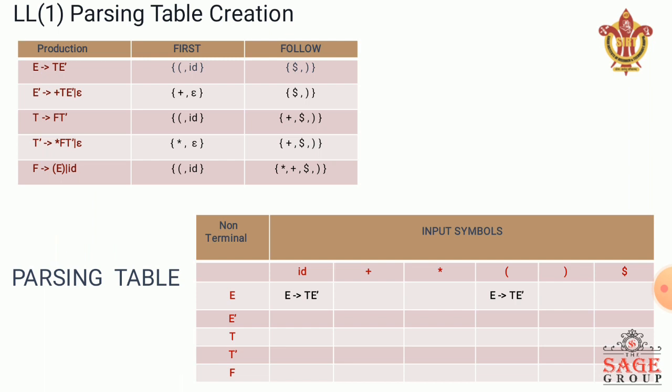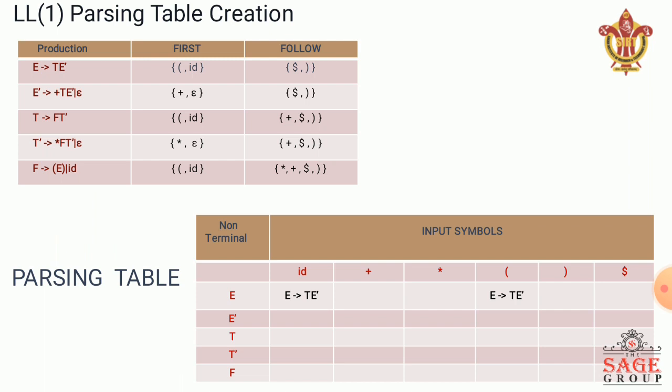For entries in this parsing table, we use every production to enter in an individual cell. So first start with E produces T E dash.